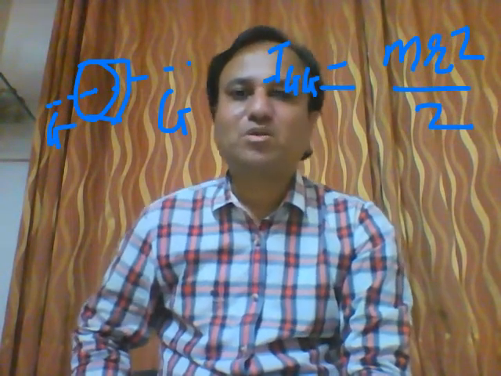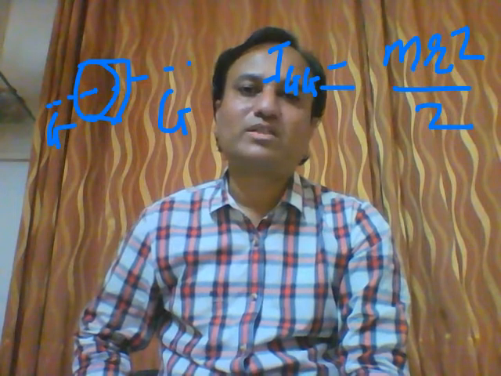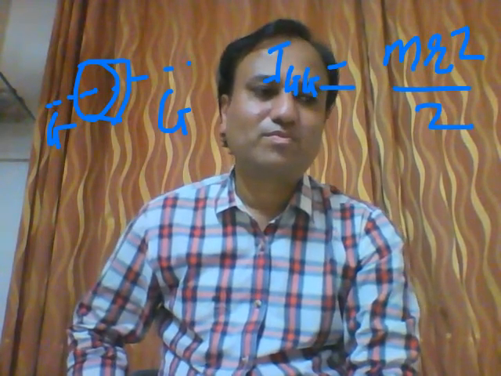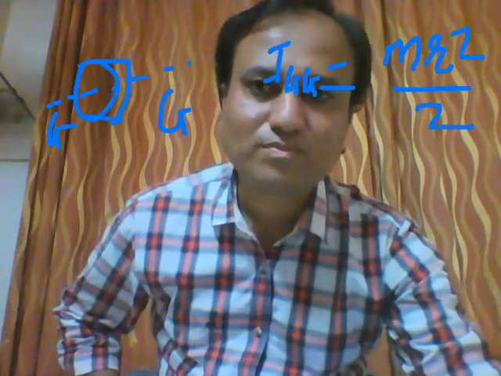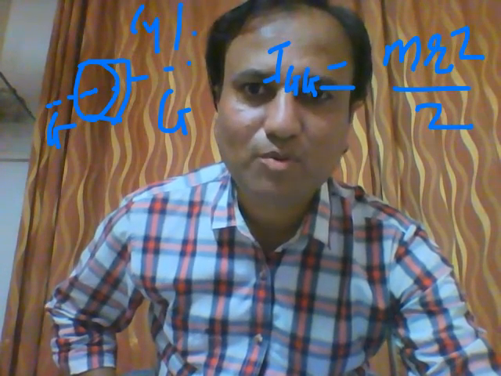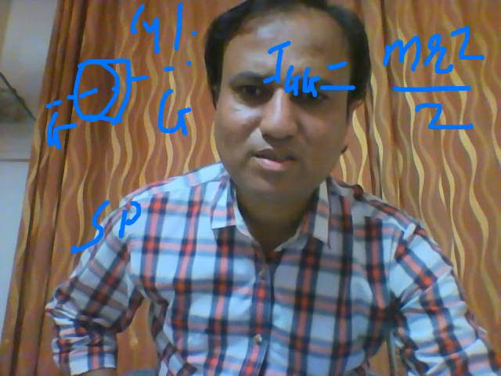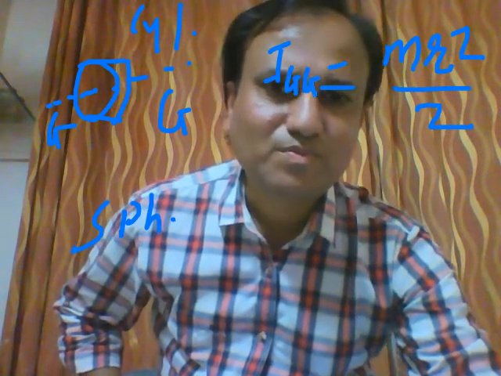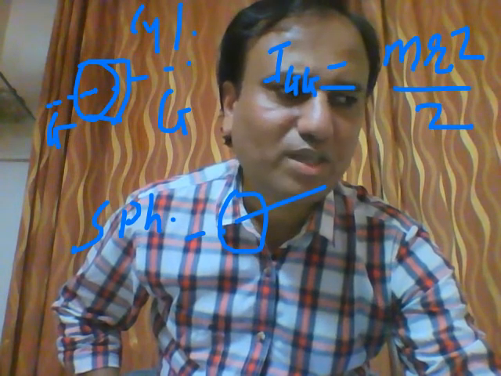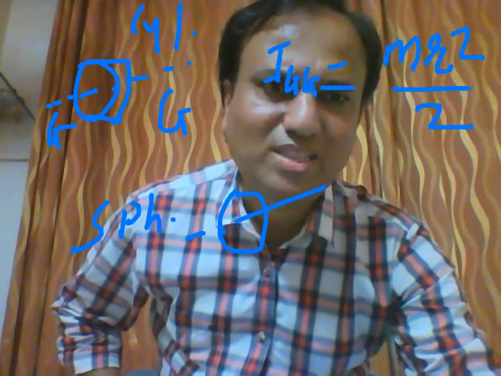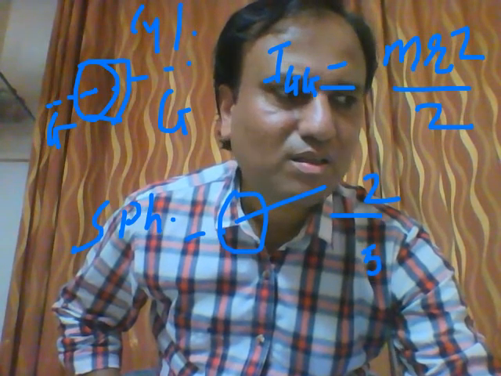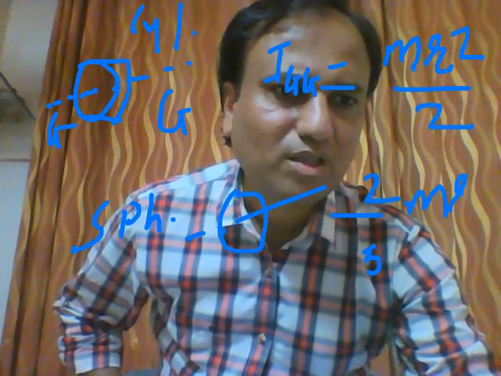Moment of inertia about the perpendicular axis to GG, just find it out, students. Now this is the cylinder. Now for a sphere, the moment of inertia about the centroidal axis will simply be 2 by 5 mr square.